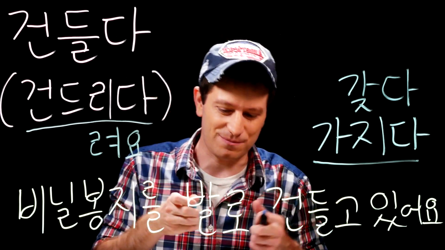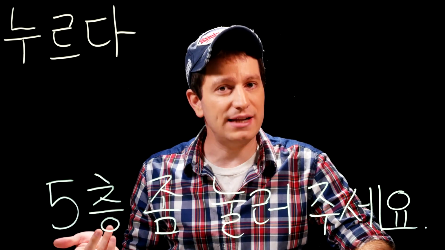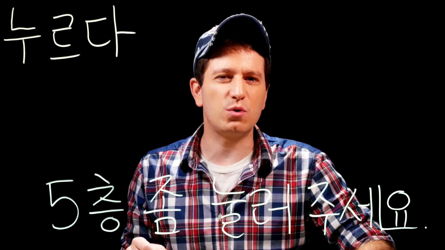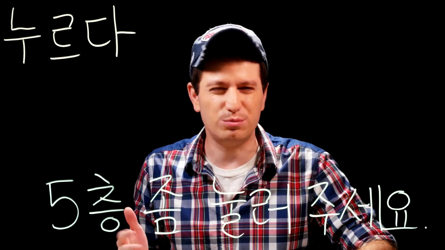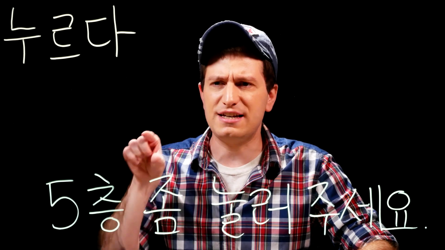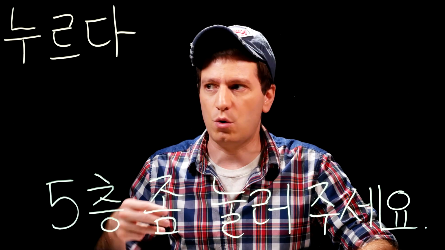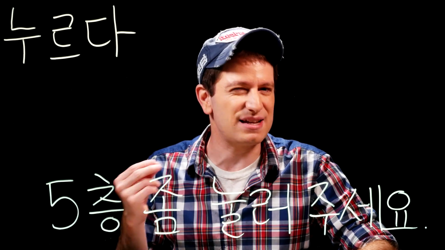Okay, next one. Next, we have the verb 누르다, which although it can translate as to touch, this one is more like to press or to push something. So this one is only used for touch when you're talking about things that you touch and they get pushed, like a pedal or a button or a key, something like that.